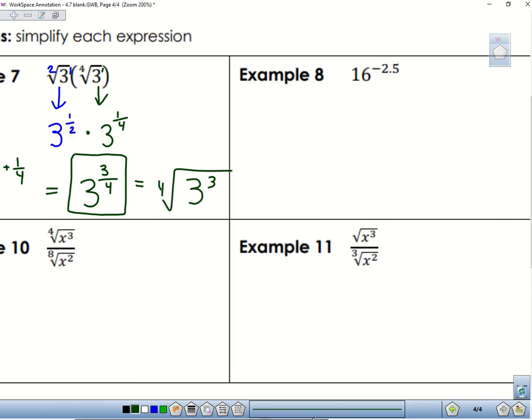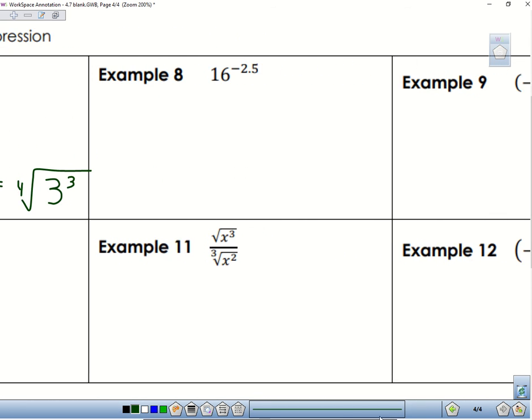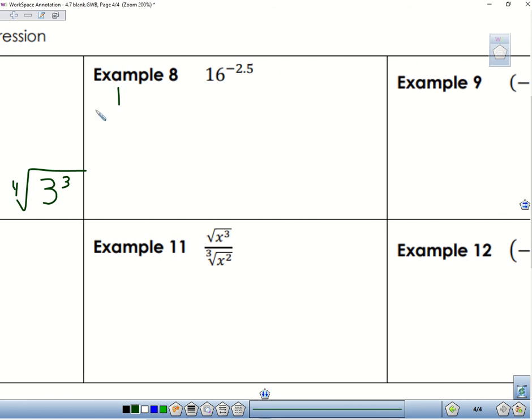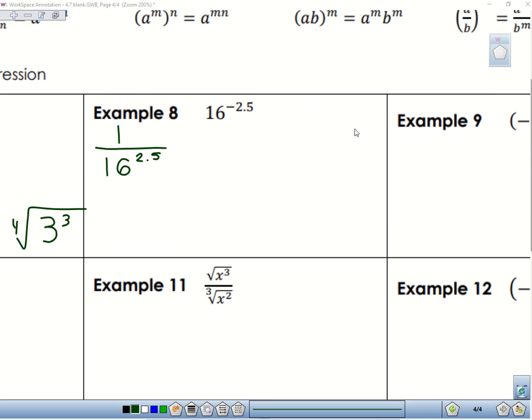So now the next one we're looking at is example 8. It's negative, so we have to bring it to the denominator to make it positive. Now 2.5 is actually the same thing as 2 and a half, right? And that's a mixed number. Do you guys remember how to go from mixed number to improper fraction? You multiply 2 times 2 and then add that to 1.